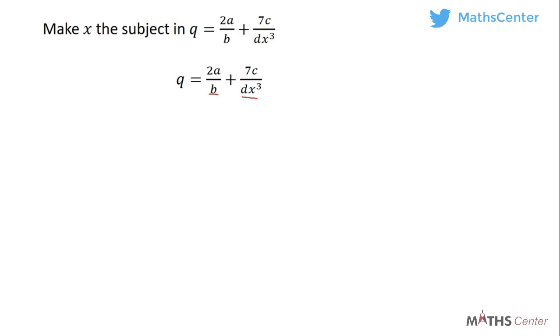So here the two denominators we have are b and dx exponent 3. So we multiply b and dx exponent 3 and use it as the LCM.